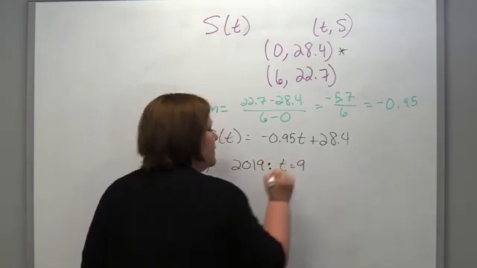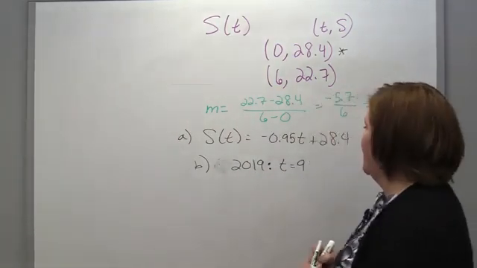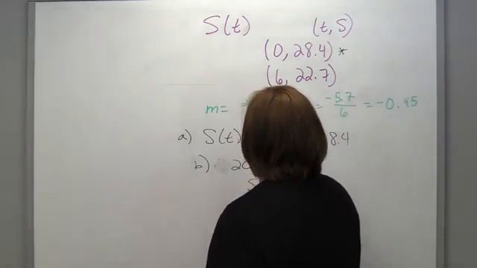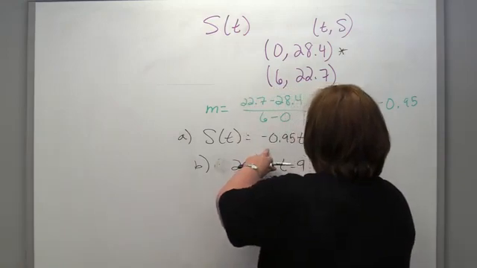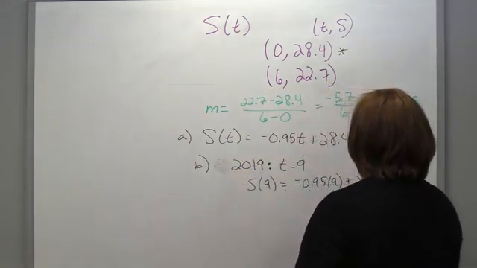So for part B, we're looking at 2019. We're going to use T equals 9. Be careful about that. When we plug this in, we have negative 0.95 times 9 plus 28.4.